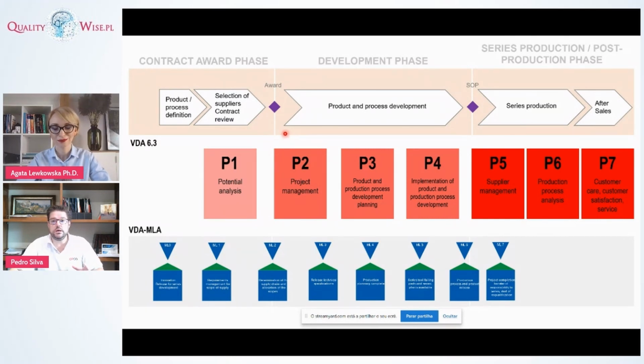What the book is saying is that if during a P1 potential analysis the result is red, then the project should stop with that potential supplier. But on the other side, if the result is green or yellow, it doesn't automatically mean that the supplier is going to be awarded.